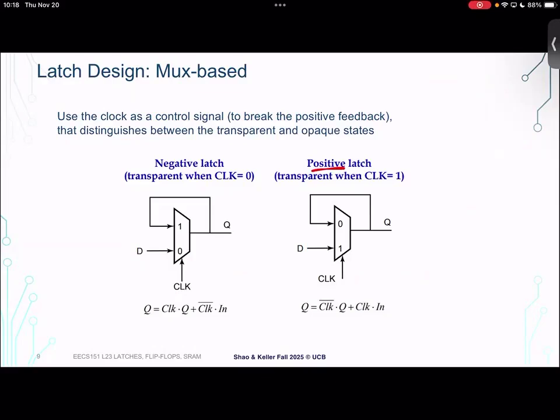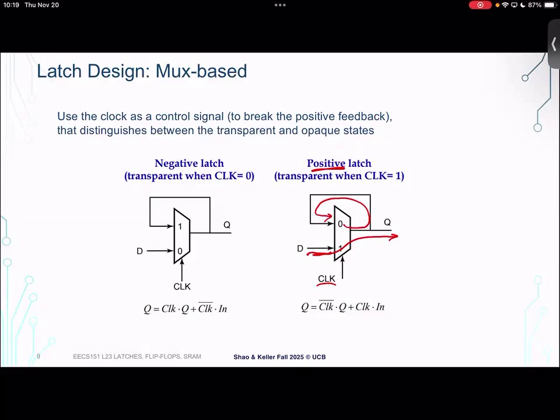Right? When clock is high, we select the D input of the mux and pass it through to Q. When clock is low, we select the 0 input and just feed it back on itself. And so the clock is the control signal that distinguishes between the transparent and opaque states.